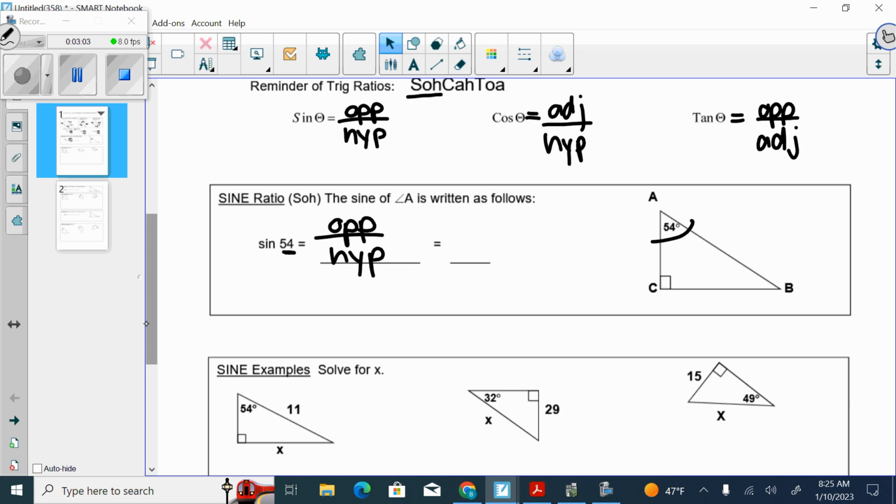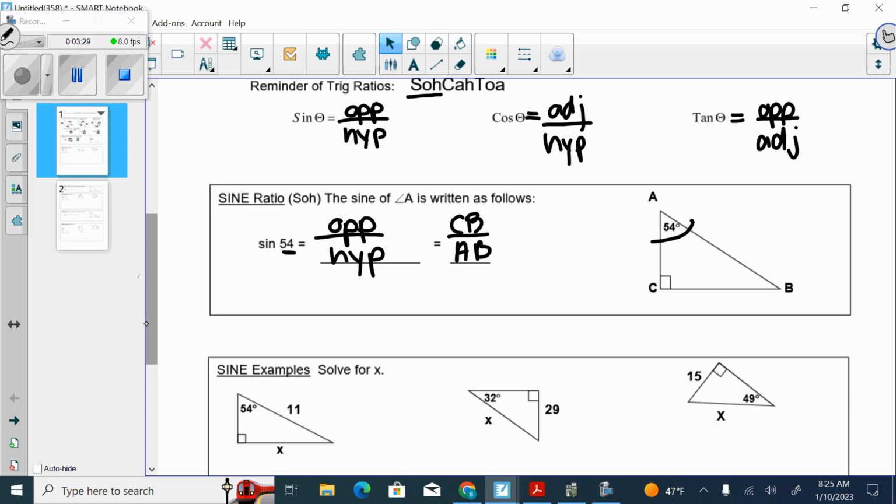Okay, which side is the opposite side here? CB, good. Over the hypotenuse, which is which side? Good. Now, in the problems where we're solving for missing sides, there are going to be actual numbers on one of those two sides. We're going to be looking for the other, okay?